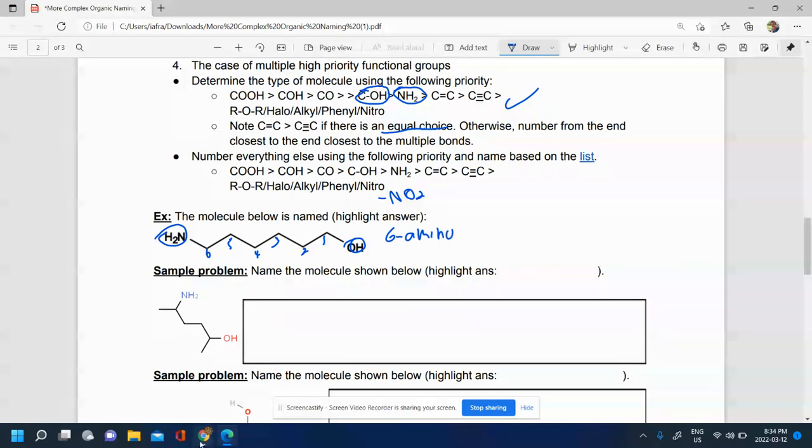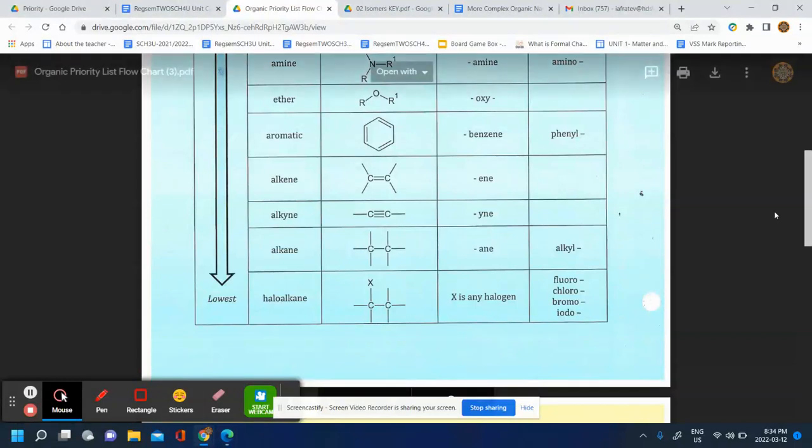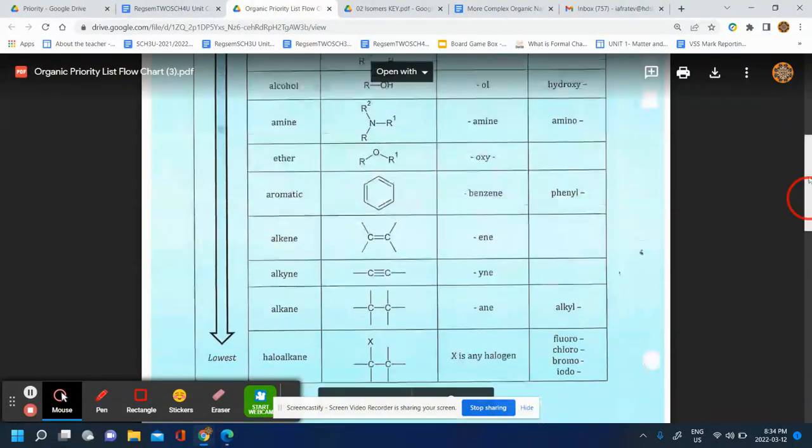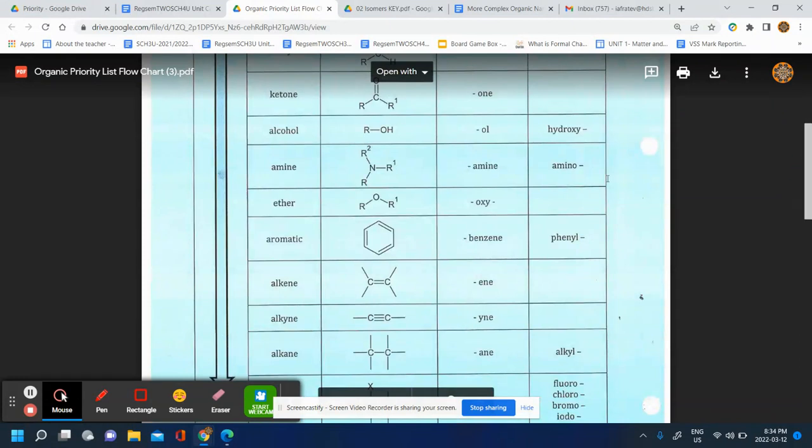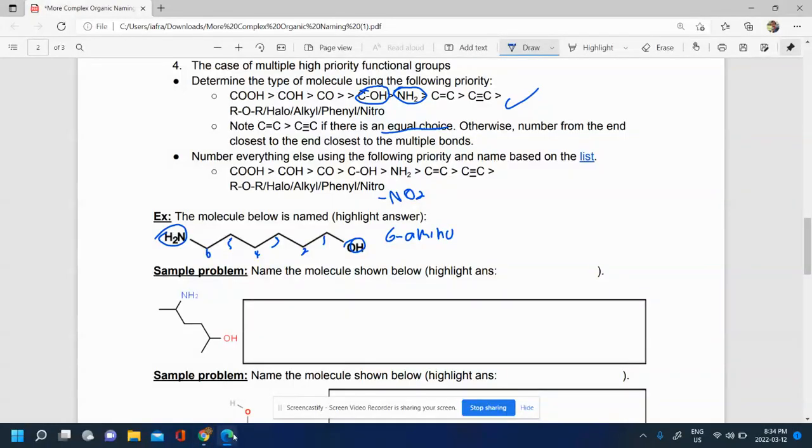Well, if you go to your list here, you'll see that when amine is not the main group, we call it amino as a substituent. So 6-amino, and then we have hexan-1-ol. You don't have to put the 1 there, so you can just put hexanol.